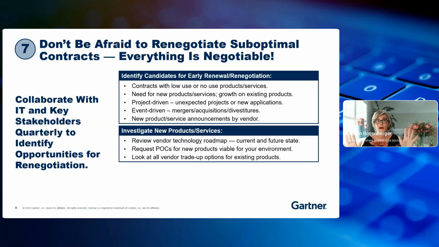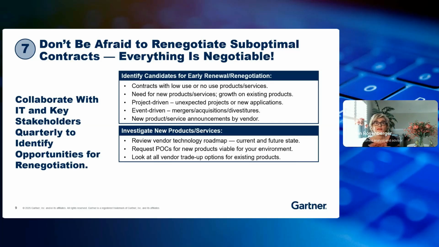Trade ups are often treated as a new sale. If it's a different SKU, a different part number, a different product ID, there might be even small functionality enhancements. Well, you would trade up and get deep discounts in many cases because you already own the base product. So they have to discount the trade up more deeply.